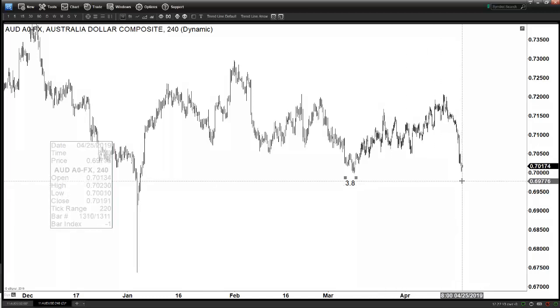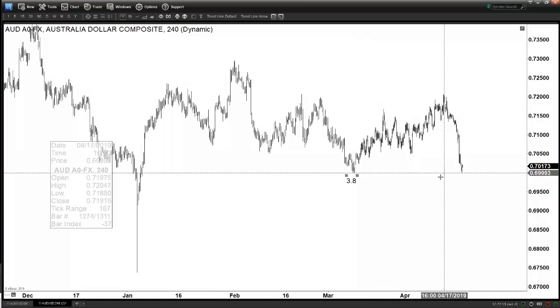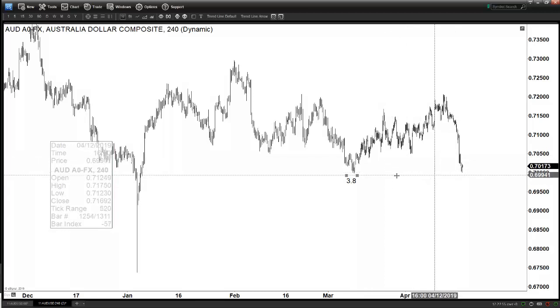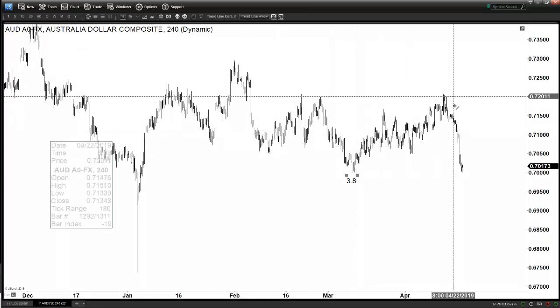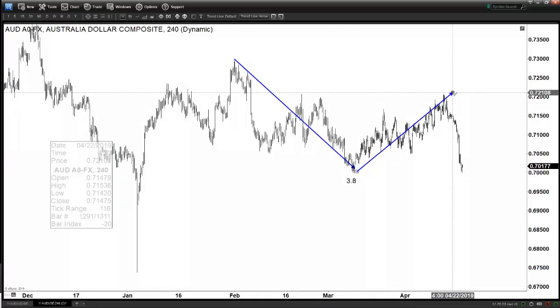Now this low that we have today comes at 0.7001, so almost breaking below this March 8th low, but it has not. But since it is so close to breaking it and the structure looks impulsive, there is a very high probability it is going to break lower. If it breaks lower, that will show us a bearish sequence, a 1 2 3 4 5 swing. So technically we should be extending to the downside.